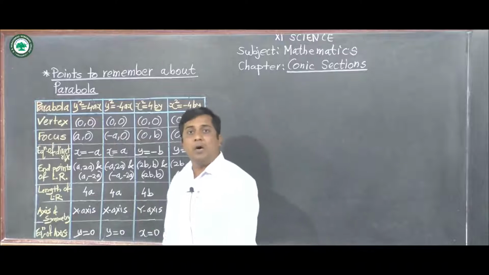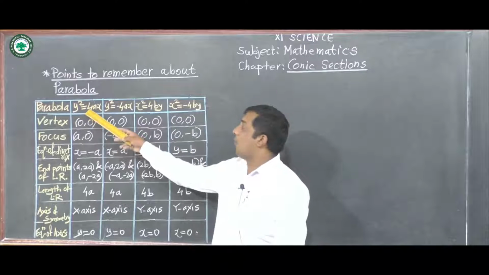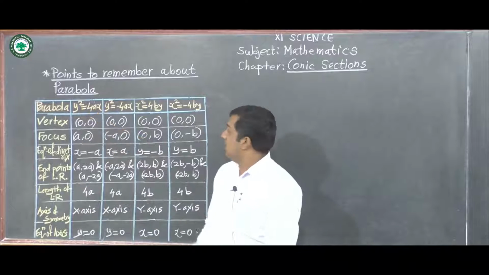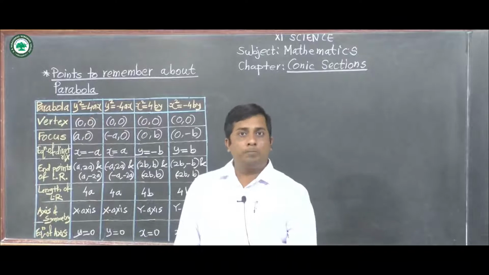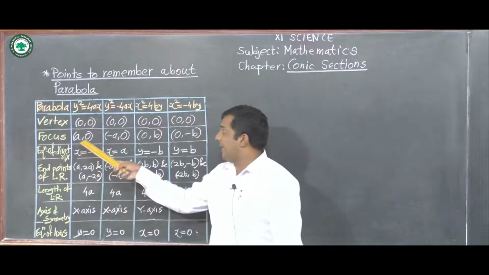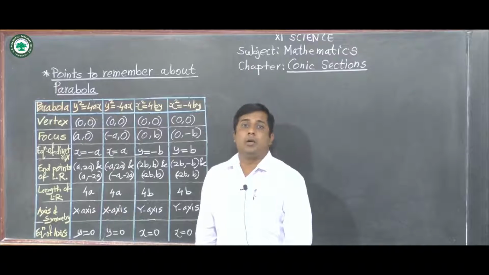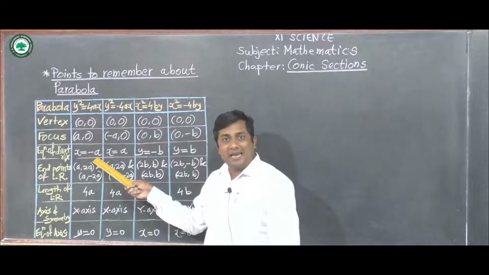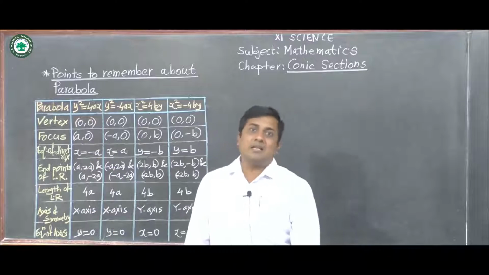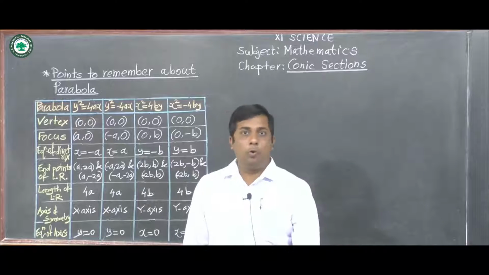Then for the focus, for the parabola y square is equal to 4ax, the focus is always on the point (a, 0). If the focus is on the point (a, 0), the equation of the directrix is x is equal to minus a, that is x plus a is equal to 0.